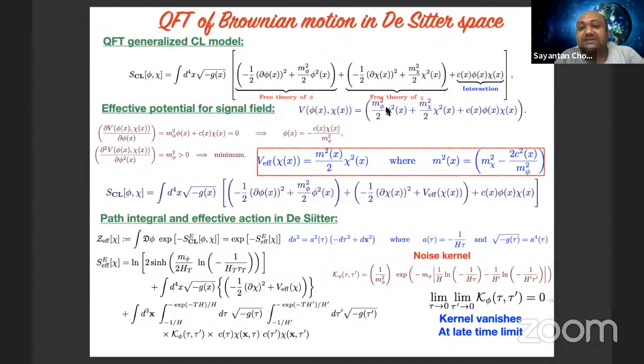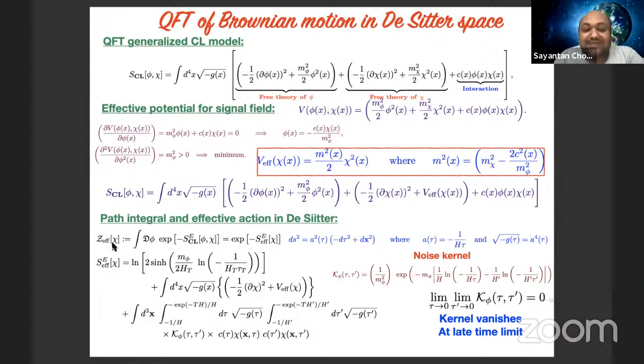Before doing this minimization, the mass terms are basically constant. Now it is a space-time dependent quantity, given by this n chi square minus this, because the contribution from the interaction will come up here.